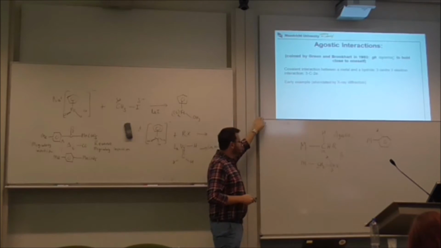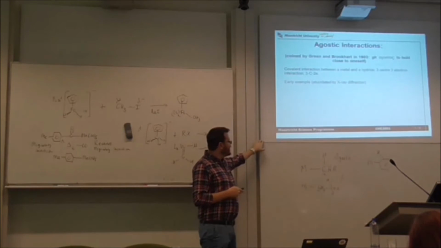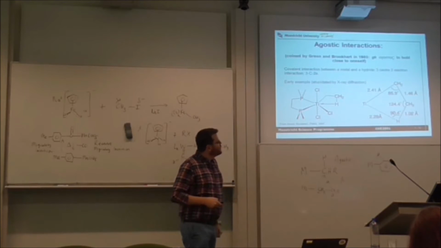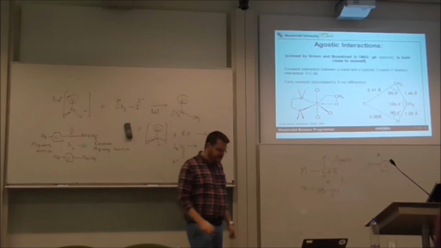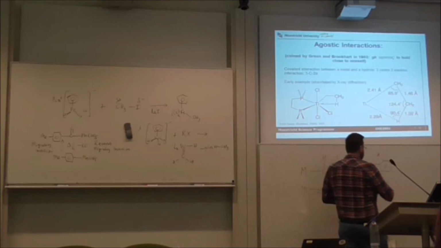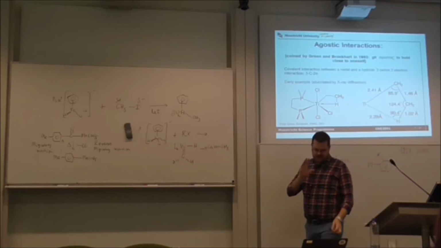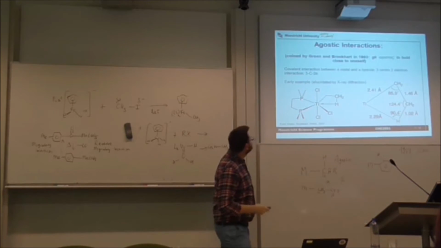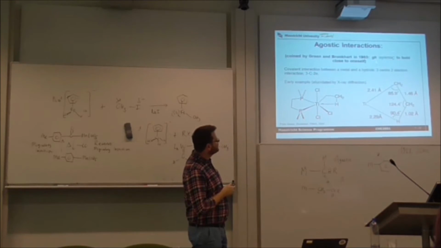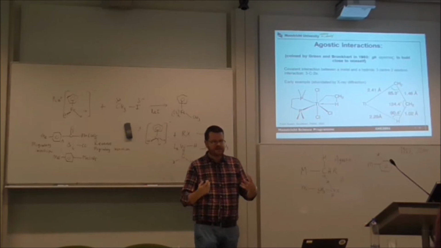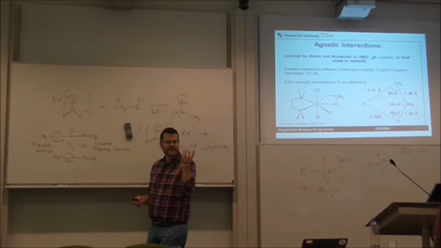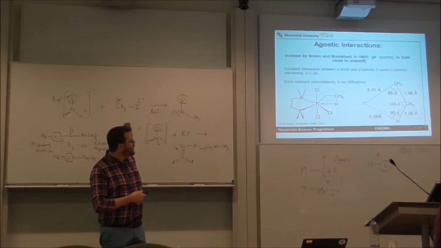Now, this whole story started in the 80s, but they published a paper, in fact, in 1983, these two guys, if you're interested. It's in the Journal of Organometallic Chemistry, a review article, where they first coined this term, agostic interaction, which comes from Greek, to hold close, right? That's what the metal's doing, it's holding the hydrogen.